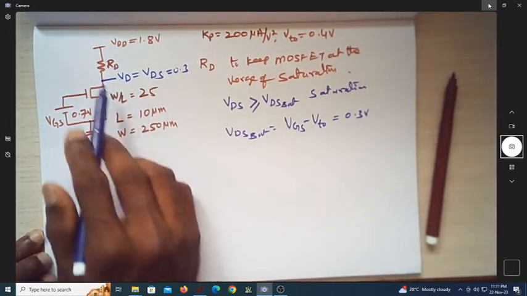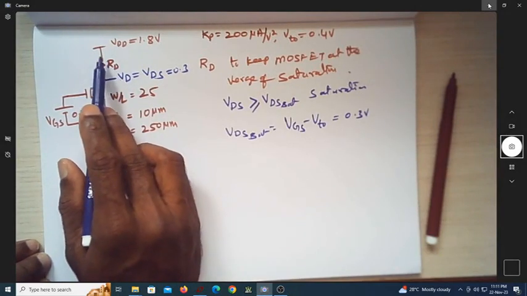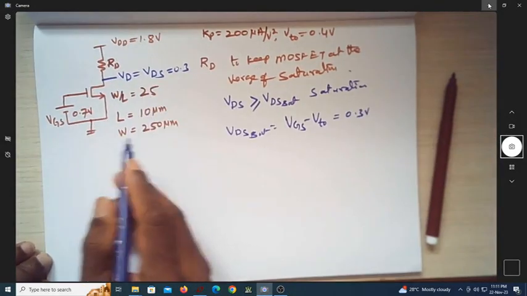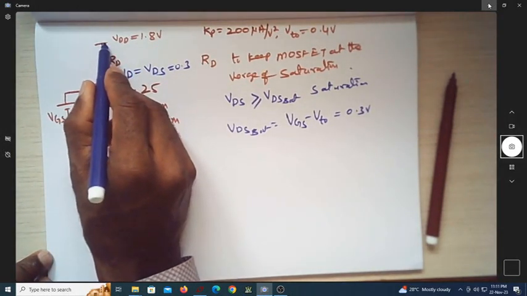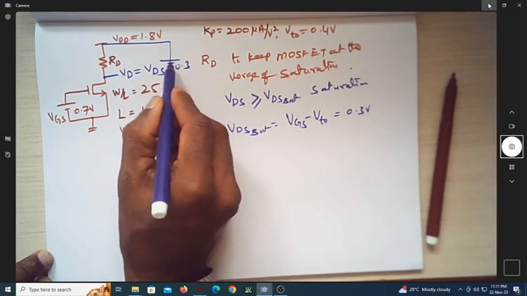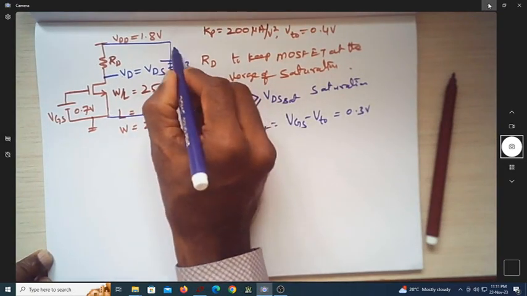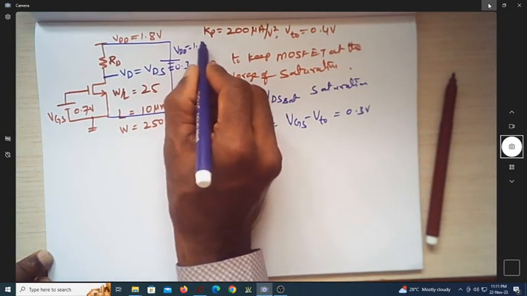Now to solve this, let us write a KVL for this outer loop. Even though this is written as VDD here, it can be replaced by a battery of something like this. So this is VDD of 1.8 volt.